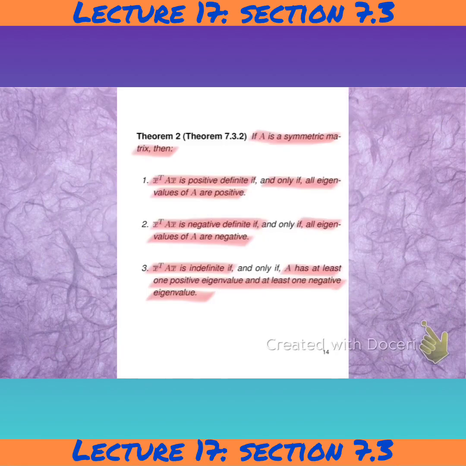Right, now if we assume that all eigenvalues of A are positive, then basically this thing we know is going to be lambda 1 and so on.